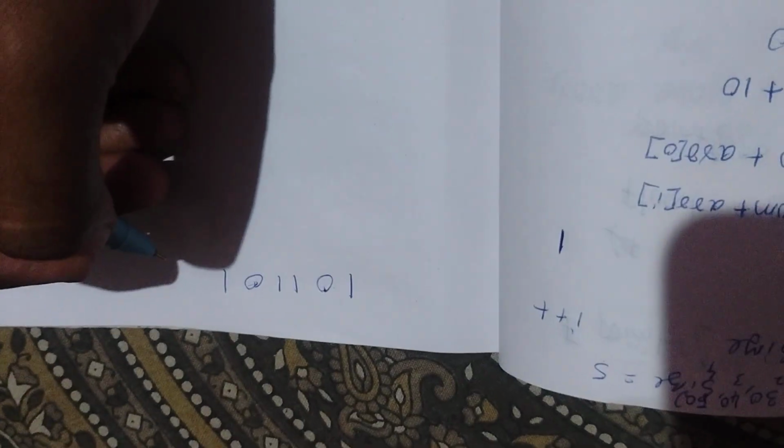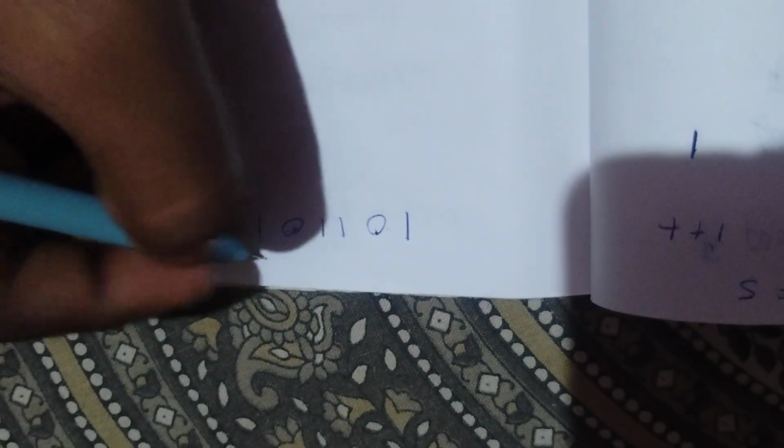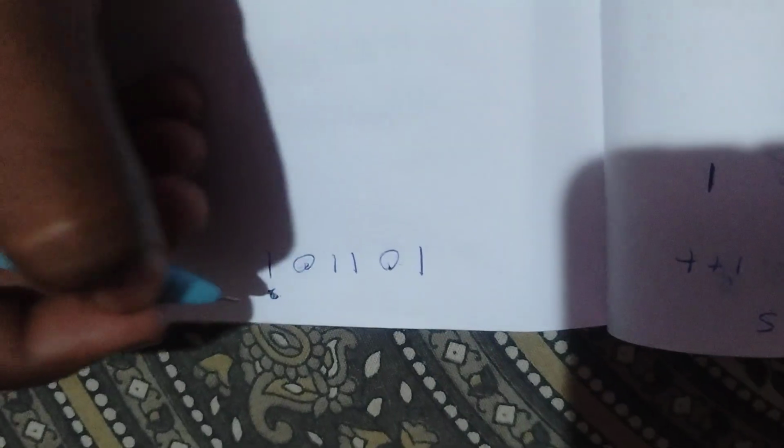Now I'm going to teach another interesting program, like how we are going to convert this binary number into decimal. How is it possible, how does it start, what is the base value, how can we convert it?